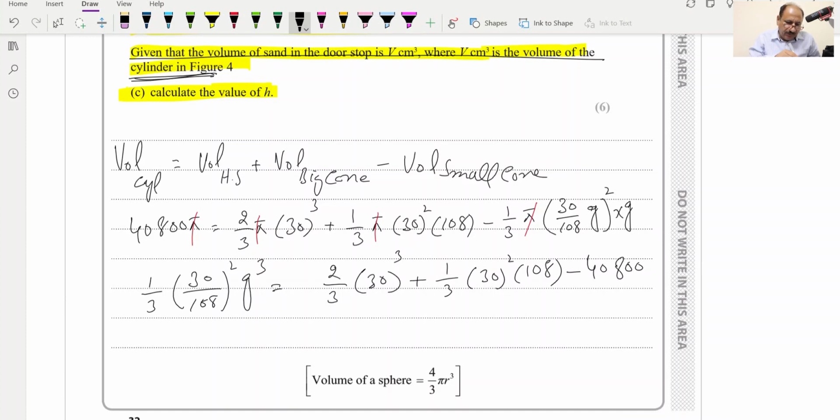Now we can simplify this portion with the help of a calculator.